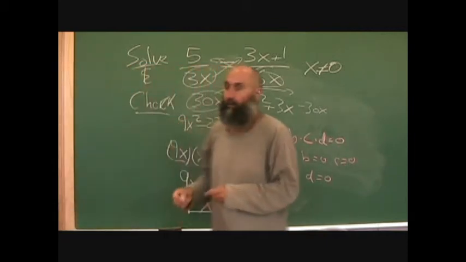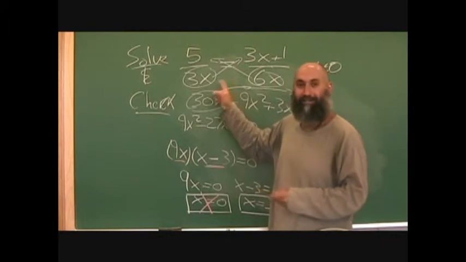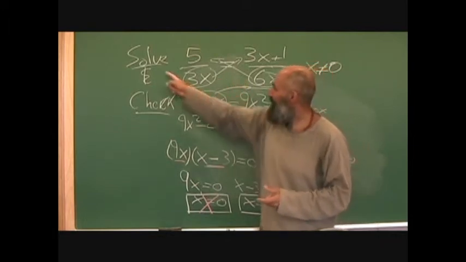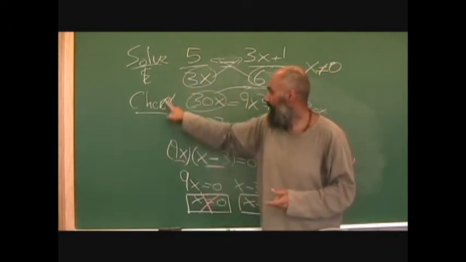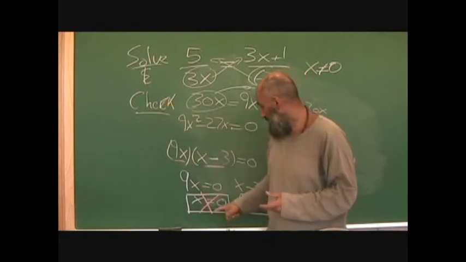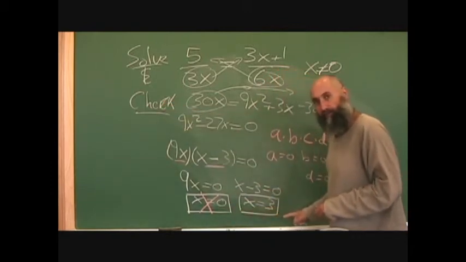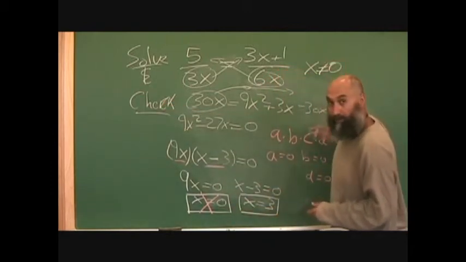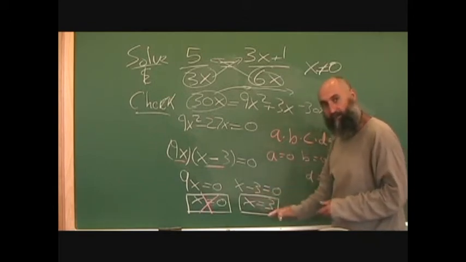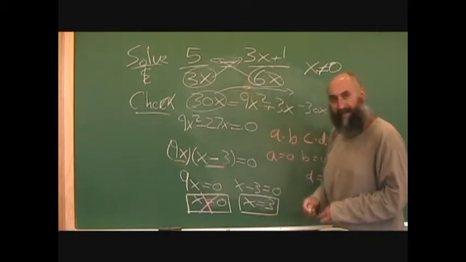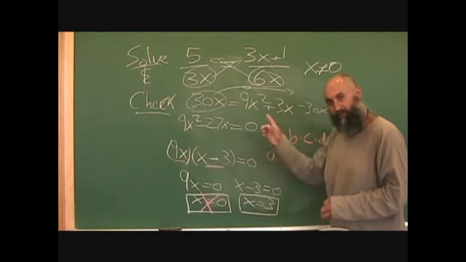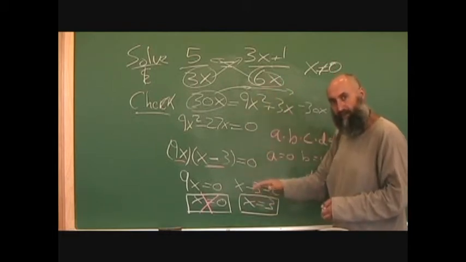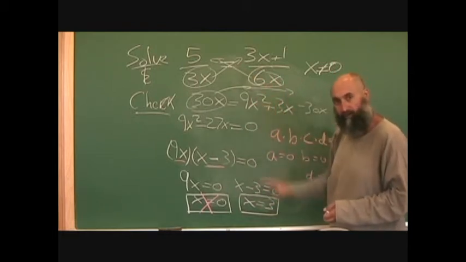Whenever they give you a question like this, what they're usually going to say is solve and check. When they say this, when you get to the final answer at the bottom, there's a whole bunch of work that you have to do on the side or at the bottom to check the answer. So let's do a check as well and go through the whole process of doing one complete question with the restrictions.